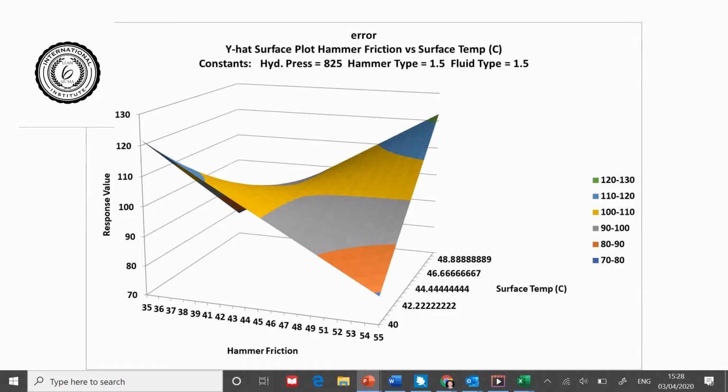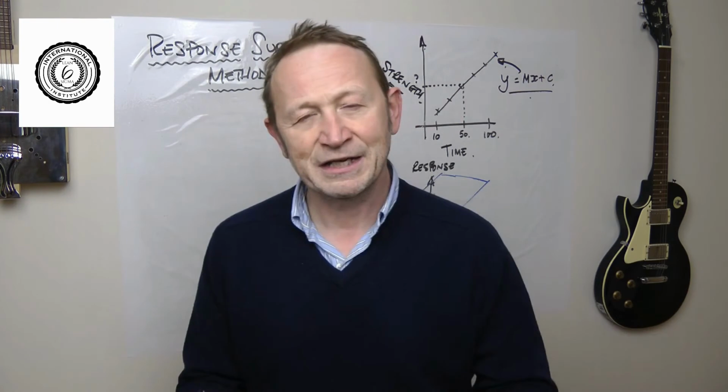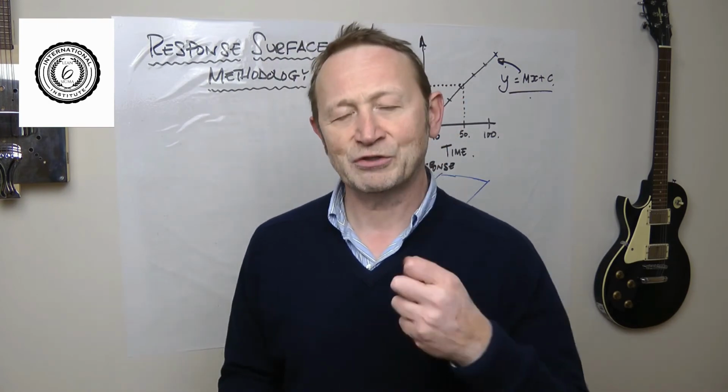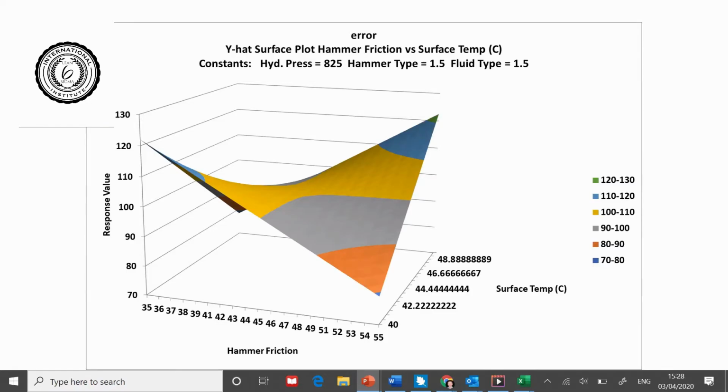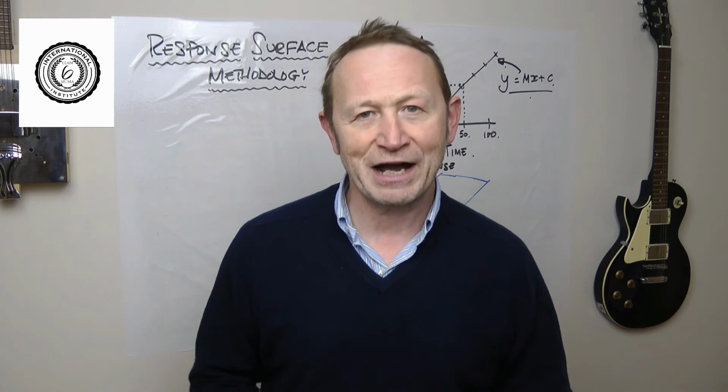This diagram here, look, this is an interaction plot, exactly what you're seeing for time and temperature here. It's an interaction plot, and you can see that the surface is twisted in nature. It's not a straight plane like I showed you with that white sheet of paper. It's twisted, and it's showing you an interaction plot.